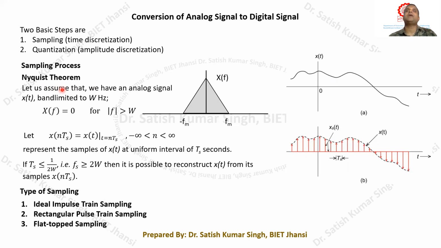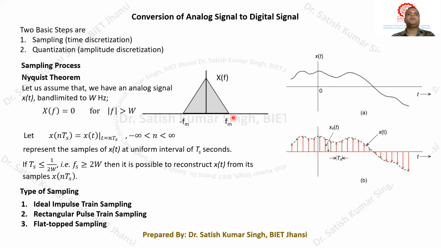Nyquist said, suppose we have any arbitrary signal x(t) whose Fourier spectrum is known to us, and let us say the Fourier spectrum is something like this, shown in this particular picture. Suppose we have an arbitrary analog signal x(t) which is band limited to a frequency of fm. Here it is written as band limited to W, and I have also written the expression for W, so just make it W. In the figure, just assume that it is W.